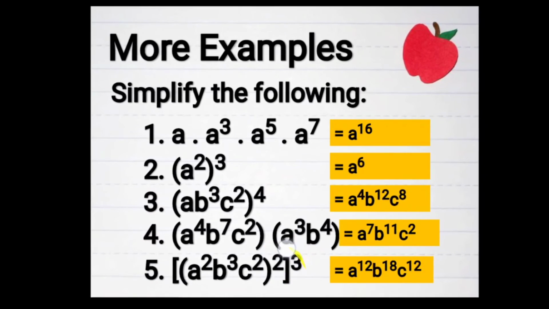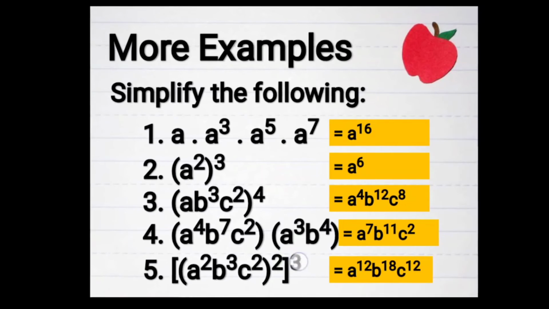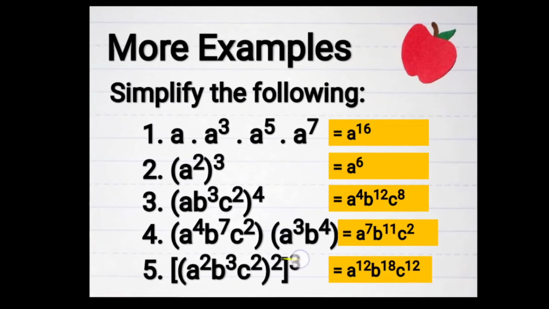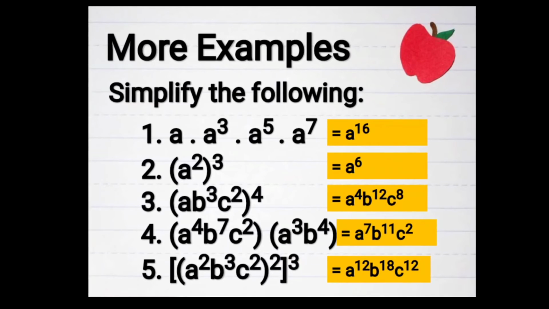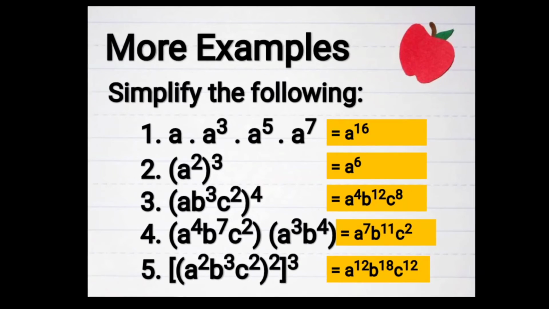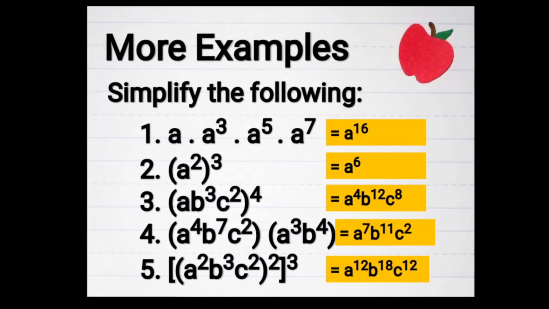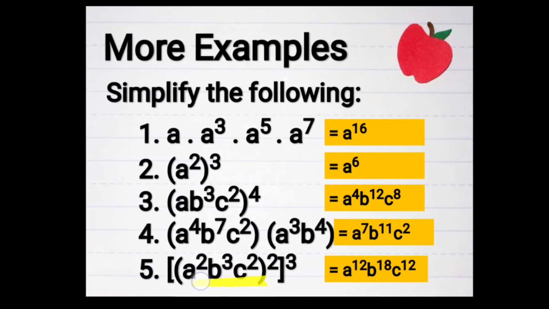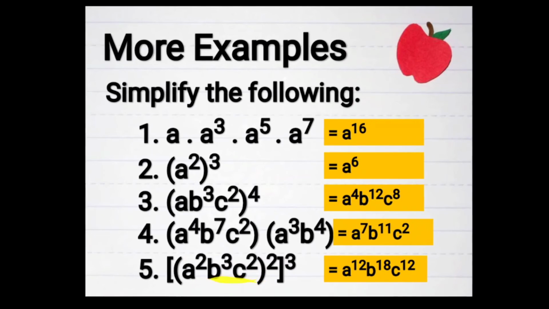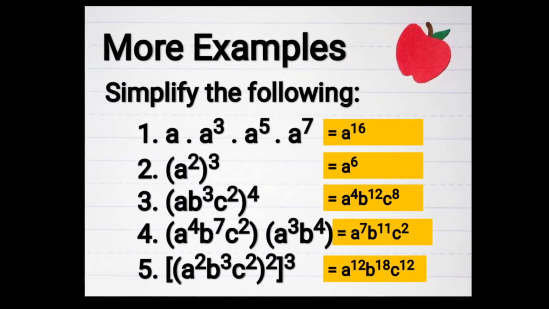So 3 times 2 is 6. After combining these two, we will multiply that product, 6, to the exponents inside the parentheses.